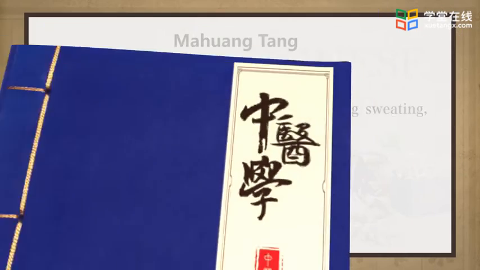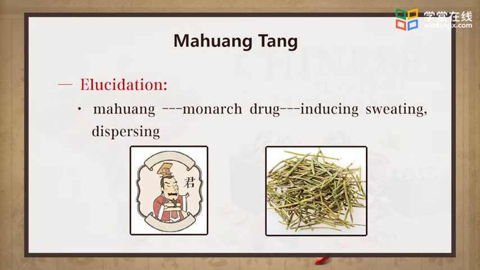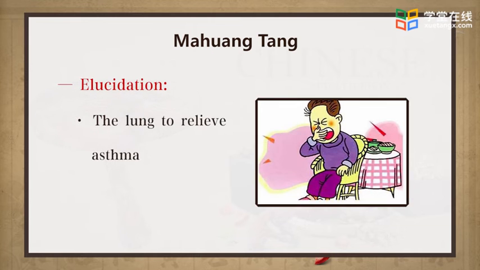It should be treated by inducing perspiration to expel pathogenic factors from the exterior and dispersing the lung to relieve asthma. In this recipe, ingredient 麻黄 acts as the monarch drug. It is capable of inducing sweating to dispel exogenous pathogenic factors and dispersing the lung to relieve asthma.